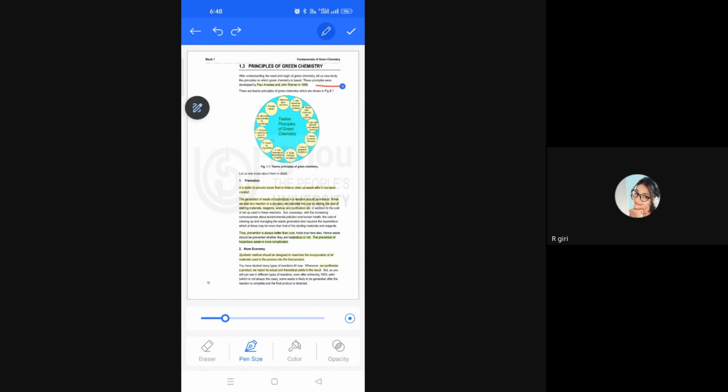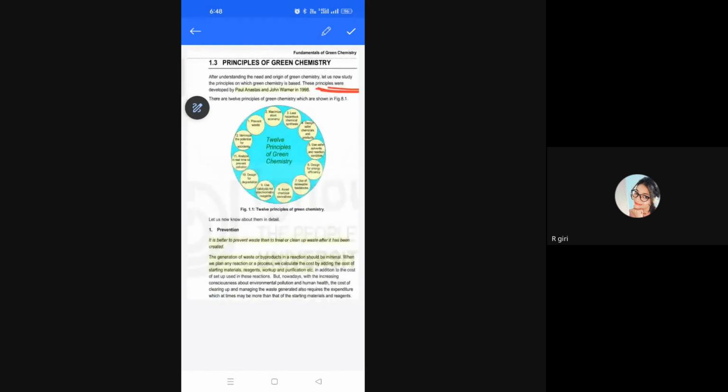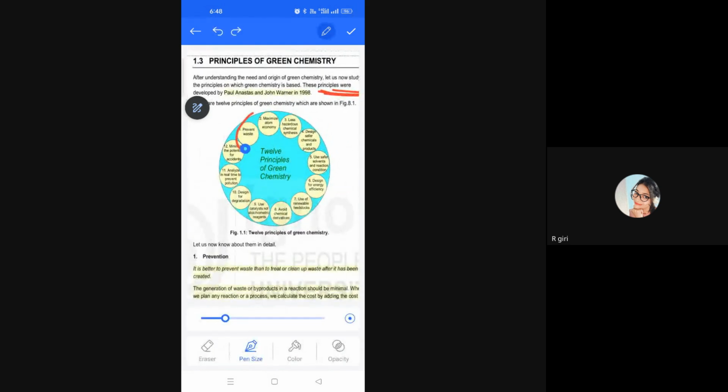Paul Anastas and, here it is written, John Warner in 1998 gave the 12 principles of green chemistry. Here the 12 principles are given. First one is prevention of waste, maximize atom economy, less hazardous chemical synthesis, design safer chemicals and products.